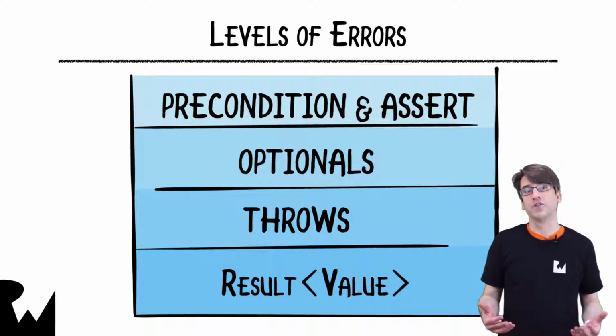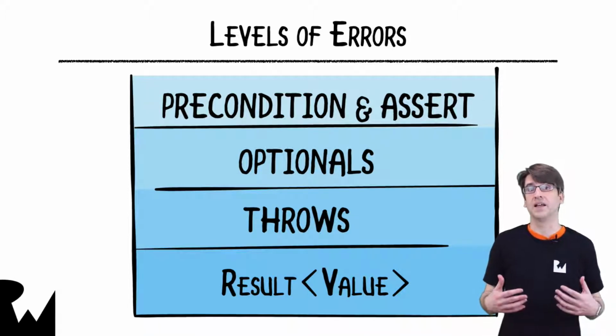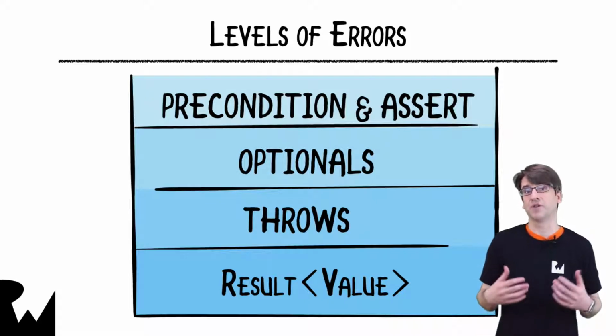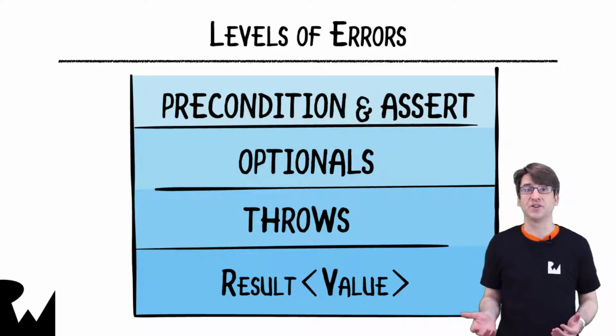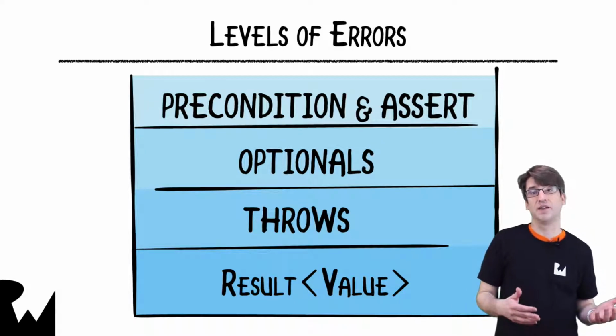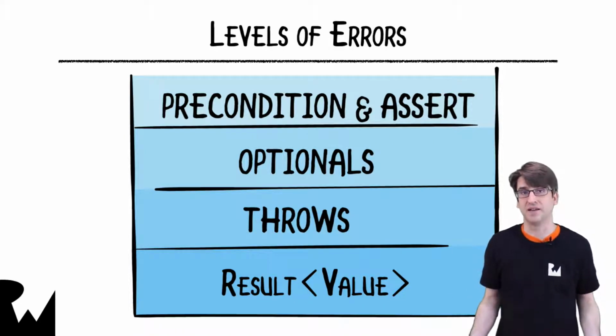Optionals are also a way of providing a basic form of error handling. You can, for example, have a failable initializer where the initializer returns nil if the object couldn't be created.